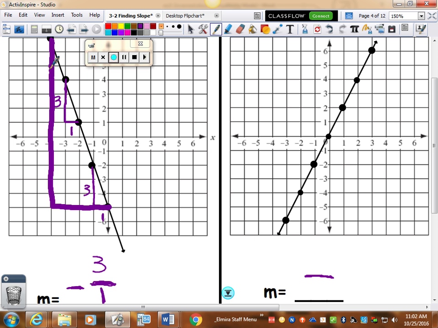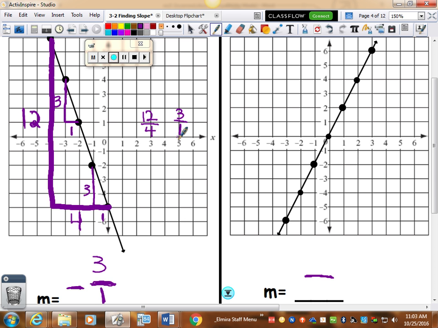Let's see, 1, 2, 3, 4, 5, 6, 7, 8, 9, 10, 11, 12. Okay, that's 12 boxes. 1, 2, 3, 4. That's 4. Well, guys, is 12 over 4 the same thing as 3 over 1? Yes, they're the same. Those fractions are equivalent. If I simplified 12 over 4, I would get 3 over 1.